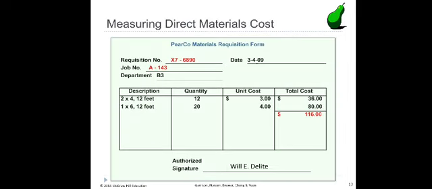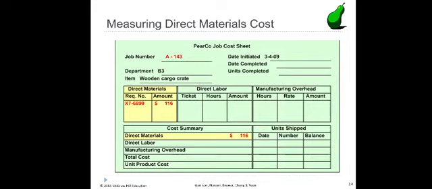Okay, this is a document related to the material. When the business is doing a job or producing something, it has to record the direct material cost for the job in the job cost sheet. Maybe when the business is doing a job, there are many materials.